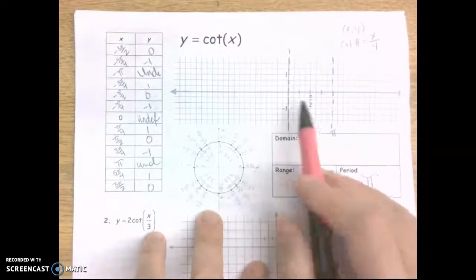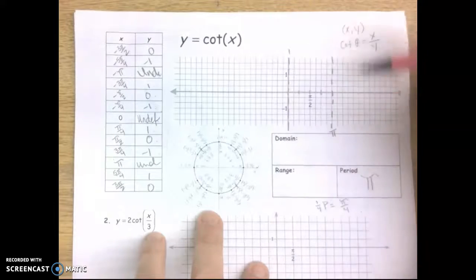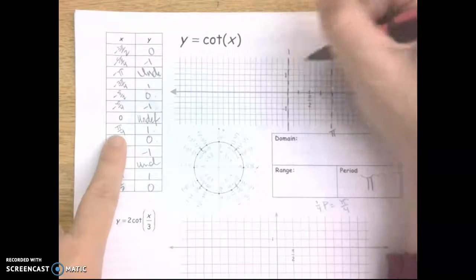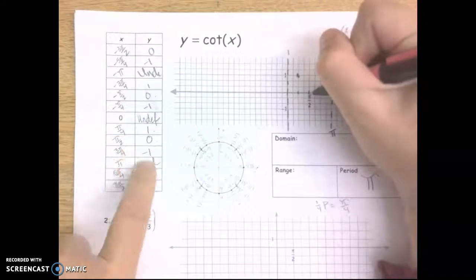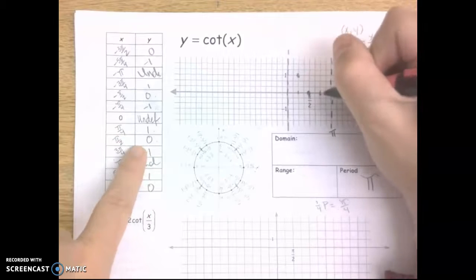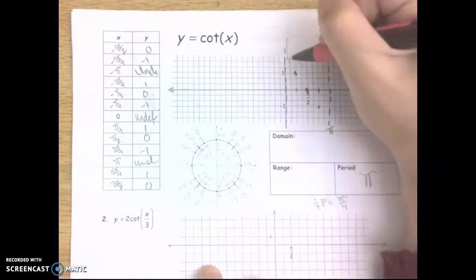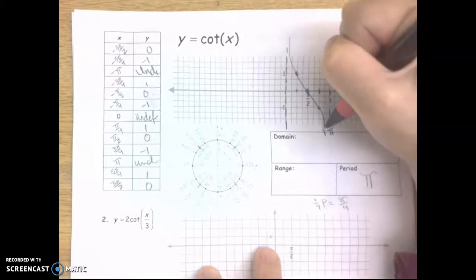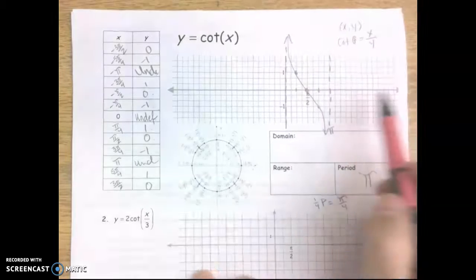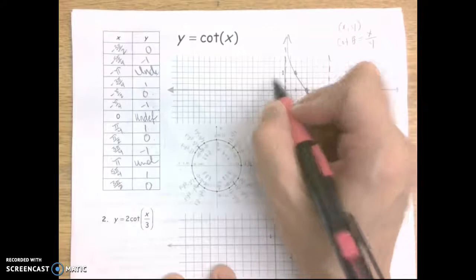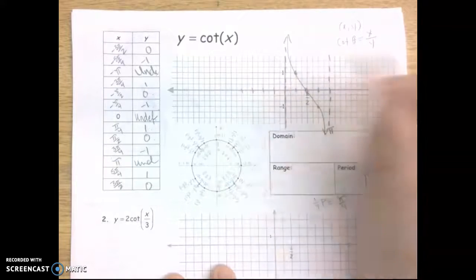So if I divide my whole period into 4, then I'll have critical points right here. So my first pi over 4 is going to be up at 1, pi over 2 will be 0, 3 pi over 4 will be negative 1. Okay, and so my function is going to follow this pattern right here. And I can continue left and I can continue right.